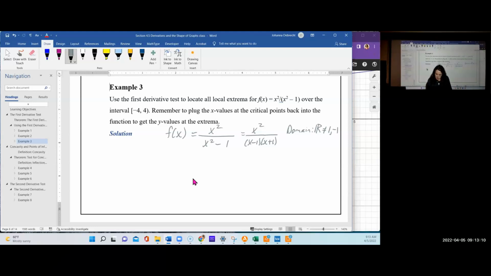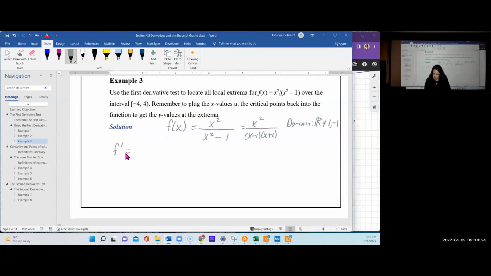So the first thing we do is we look for our critical values. We have type 1, first derivative equals 0. Type 2, first derivative does not exist, but it is in the domain of the function.